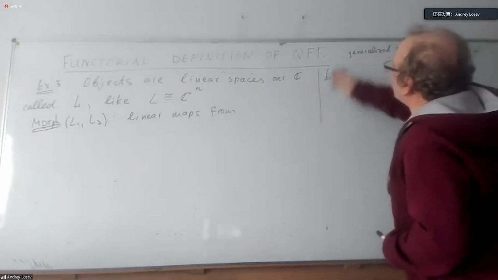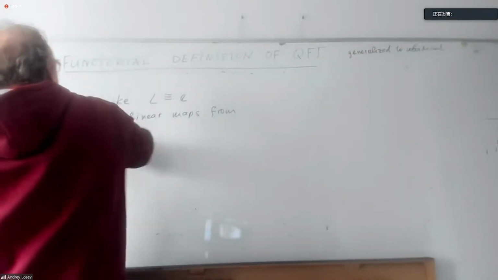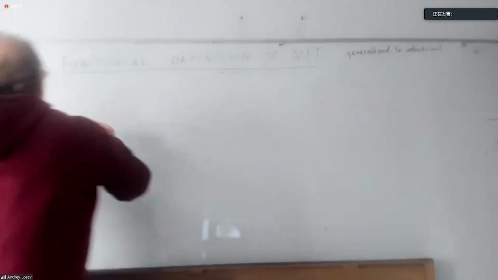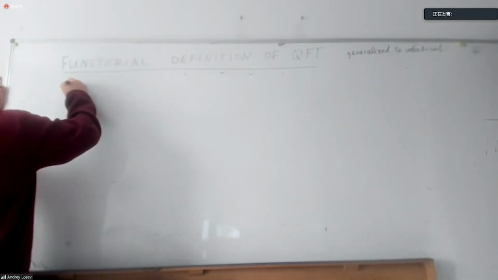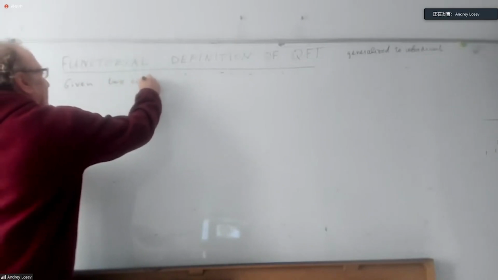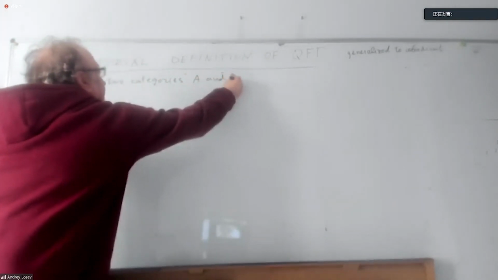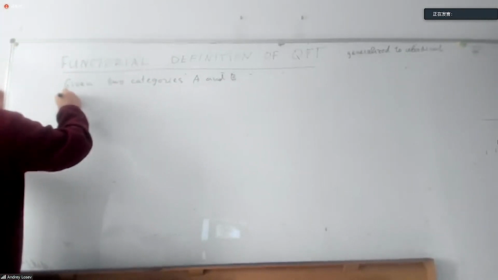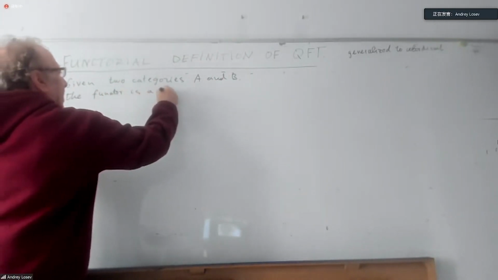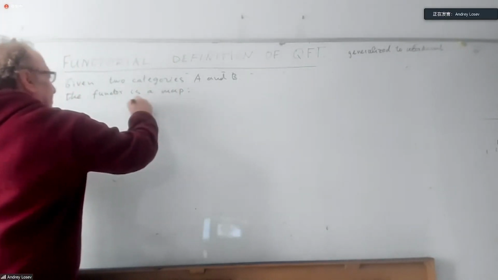I need to explain what a functor is. Given two categories, A and B, a functor is a map that does the following.